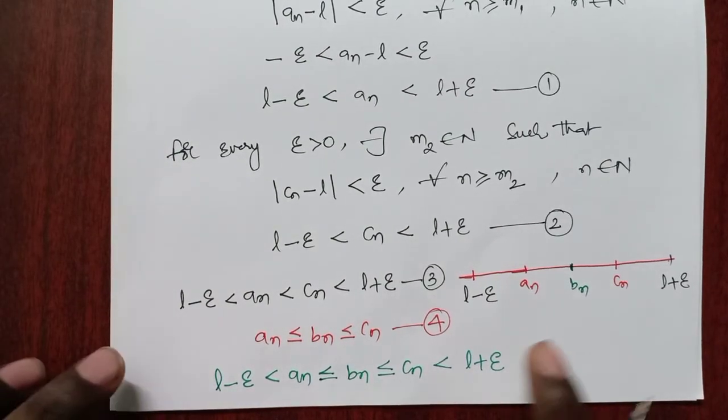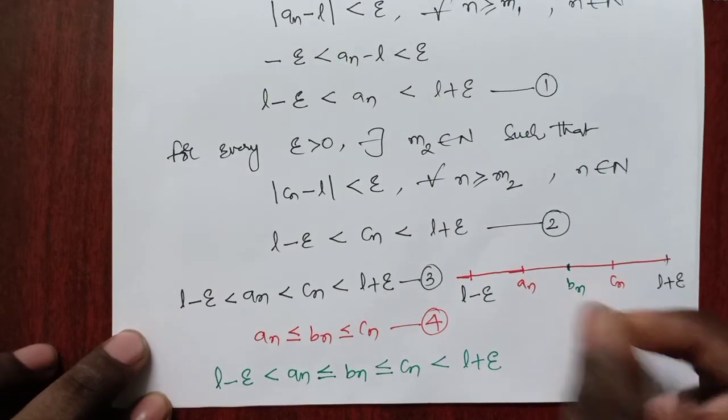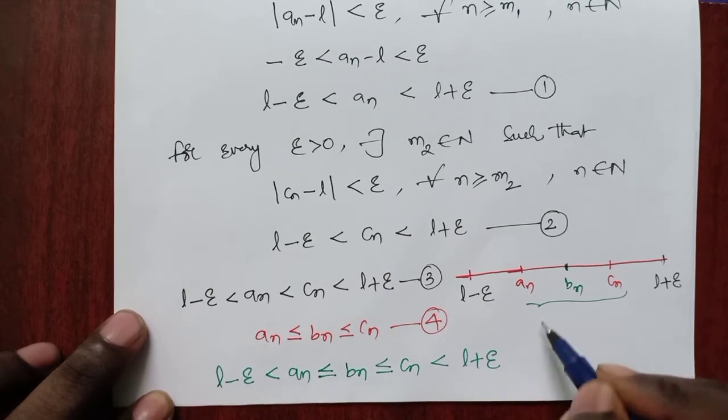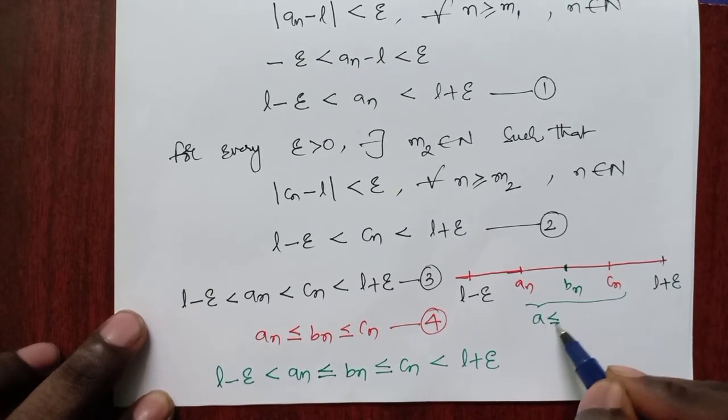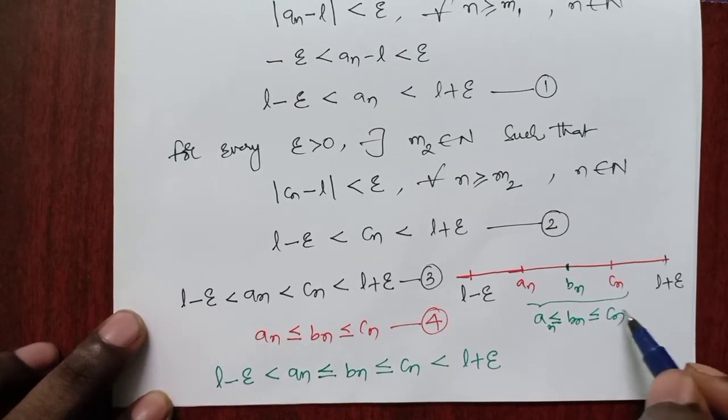Please observe that an is less than cn, in between them we have bn, and these all satisfy the condition an less than or equal to bn less than or equal to cn, and they are all in between.